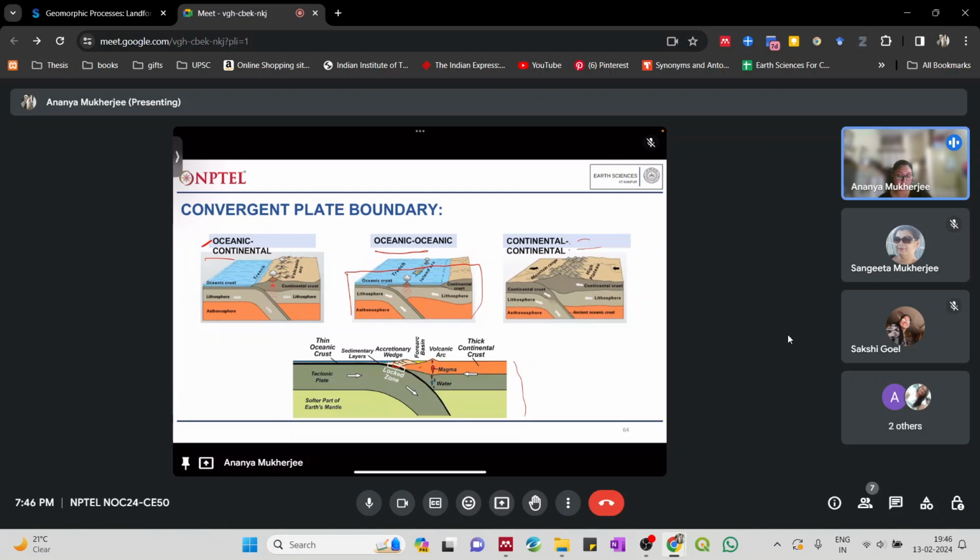Because of the density differences, some part of this plate goes into the mantle and melts, and some of this melted plate material rises up here and forms a volcanic arc. Volcanic arcs can form when you have a collision between continental and oceanic crust.